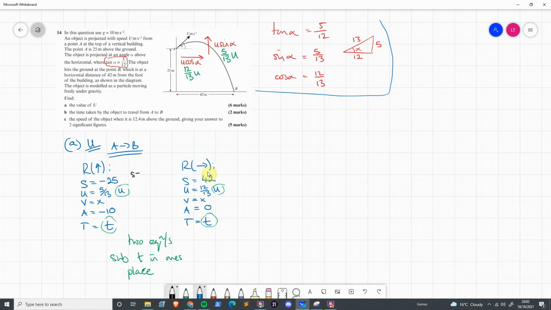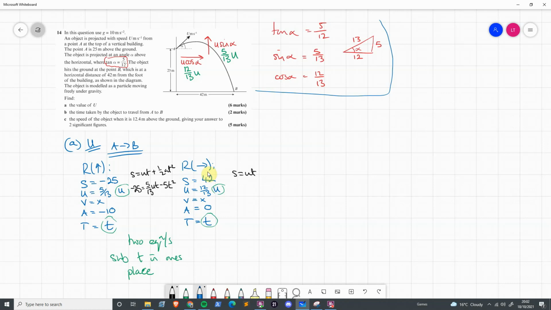So s equals ut plus half at squared. So minus 25 equals 5 over 13 ut plus half minus 10, so minus 5 t squared. I'll do this one, but I don't know if I need to simplify that yet. I'll do this one first.